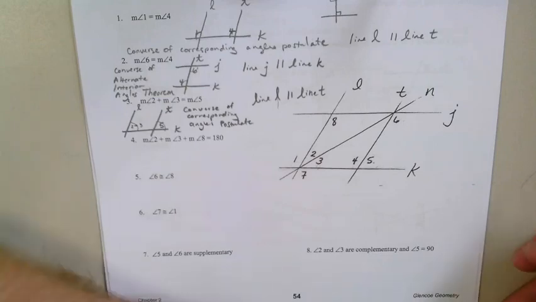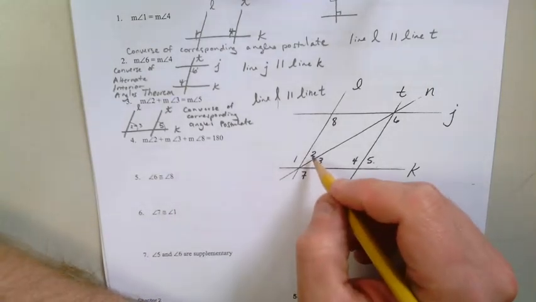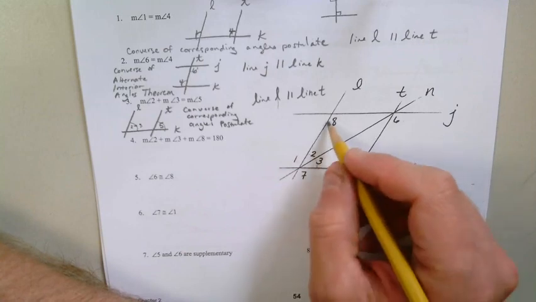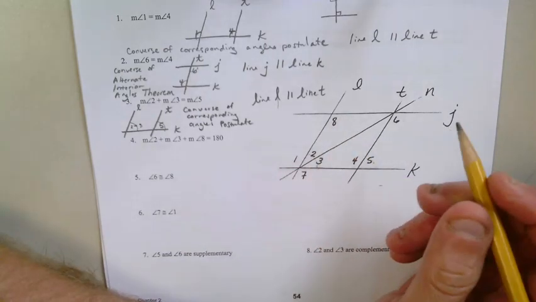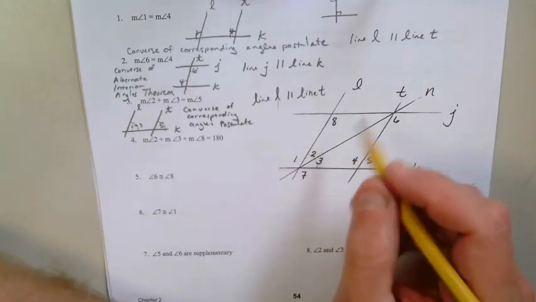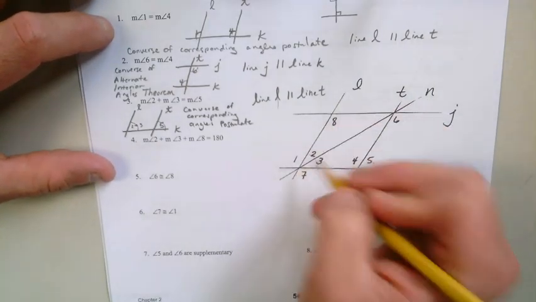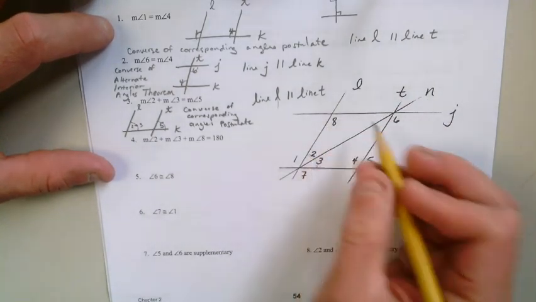All right, now, the next one says, if we add these two angles together and add in this angle, it equals 180 degrees. So, again, if I draw my picture here, L is shared between the two angles here and then angle 8.